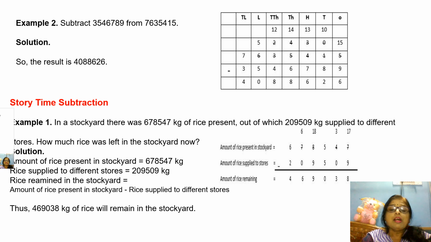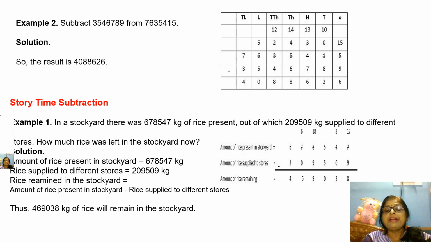For this, the solution is given here. Write down the amount of rice present in the first stockyard, then the rice supplied to the different stores. This weight is given here. Now, the remaining rice in the stockyard: you have to subtract it. Amount of rice present in the stockyard minus rice supplied to different stores.